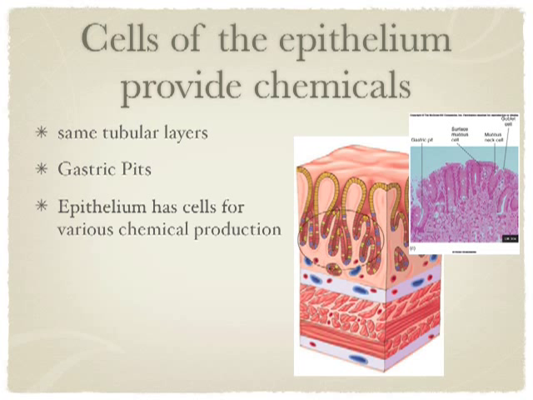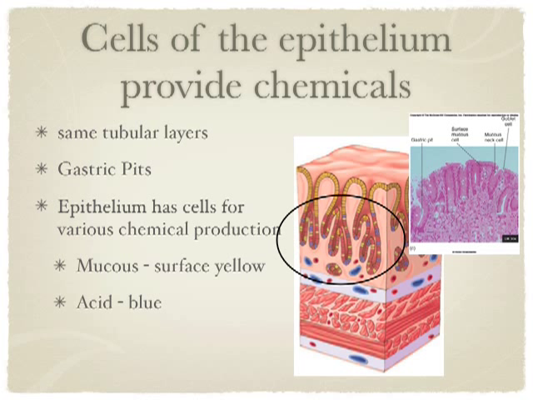And the epithelial cells that you see here, and they're in different colors, different cells are there for different purposes. Like those surface cells and the ones that go down into the pits are for mucus production. They produce mucus that helps protect the stomach lining from acid and from various enzymes.